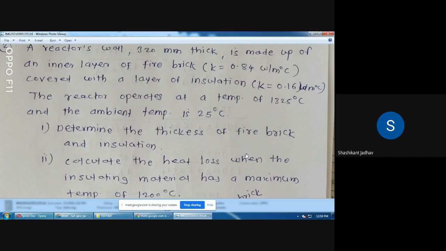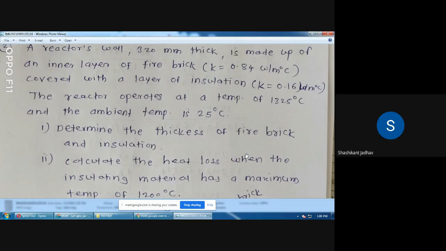There is a fire brick layer and an insulation layer. So our aim is to calculate the thickness of that particular fire brick and the thickness of that particular insulation. And in the second case we have to calculate the heat loss when the insulating material has a maximum temperature of 1200 degrees Celsius.